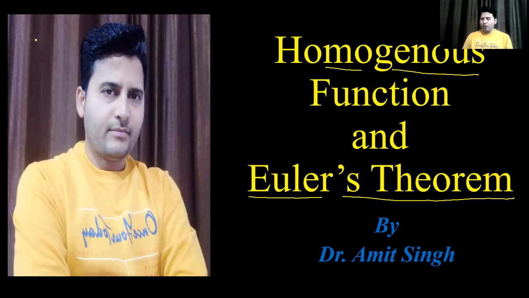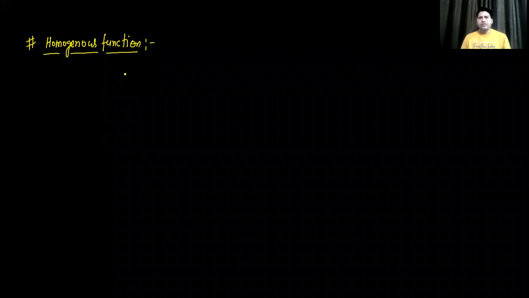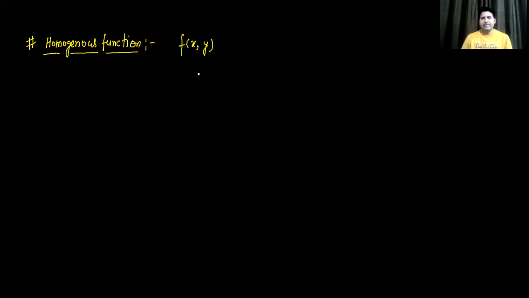Firstly, let us see what a homogeneous function is. We are going to discuss homogeneous function because the concept of Euler's formula, or we can say Euler's theorem, is based on the homogeneous function. So it's necessary to understand what a homogeneous function is first. Suppose I have a function f which depends on two variables x and y.